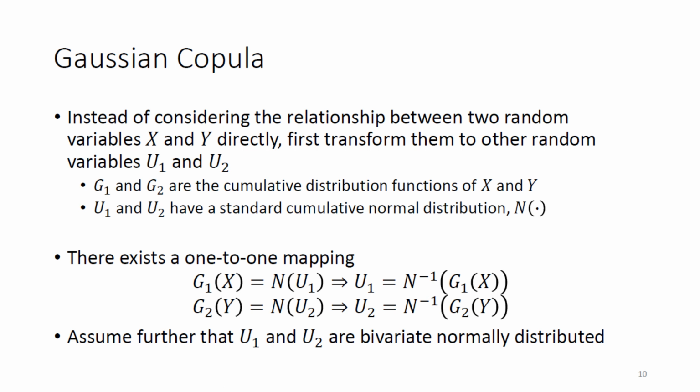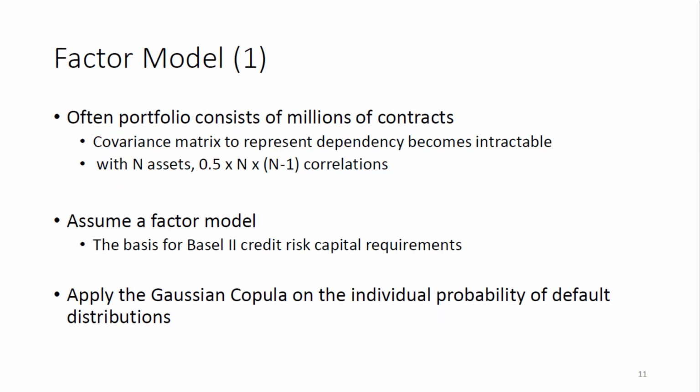Given that it's linear between u1 and u2, and given that there is a nonlinear relationship to x and y, this type of transformation allows for more general relationships between the variables x and y. So it's an easy way to incorporate that. I will not go into further detail on what Gaussian copulas actually entail.